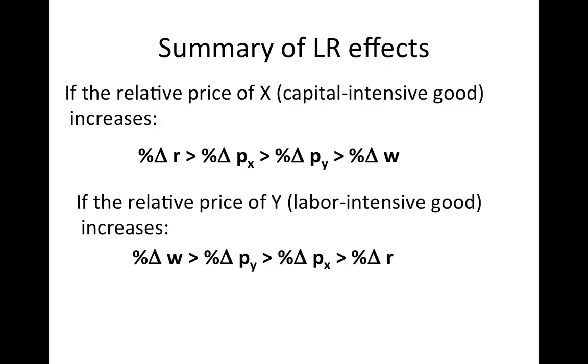If, for example, in the United States, there is an increase in the demand for high-skilled workers because of export opportunities, a changing economy, what you're going to see, according to the Stolper-Samuelson result, is that high-income workers are going to tend to get higher returns, higher income, standard of living rising. And the standard of living of low-skilled workers will fall if the demand for low-skilled workers has fallen.